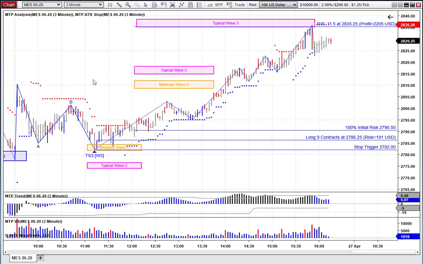And as you can see, that would have been a very, very nice trade on Friday on the MES, where you turn an initial risk of just under $200 into a profit of around about $2,200, or 11.5 times greater. So an absolutely perfect example of our W3 or wave 3 trade setup, as shown here on our MTPredictor add-ons for NinjaTrader 8 that unfolded last Friday.